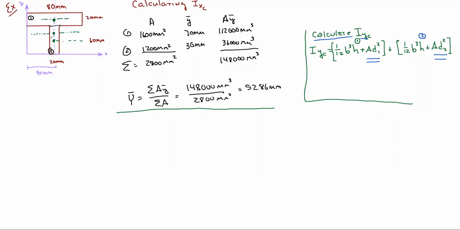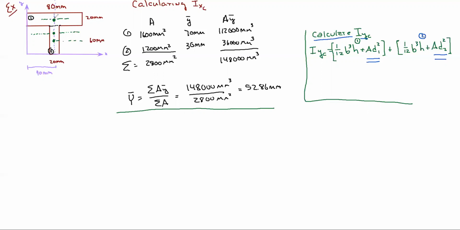There is no distance, right? There is no difference between the y distance. I mean, d1 is equal to 0. These are in perfect alignment. I'm looking at piece 1 and the centroidal y-axis, right?